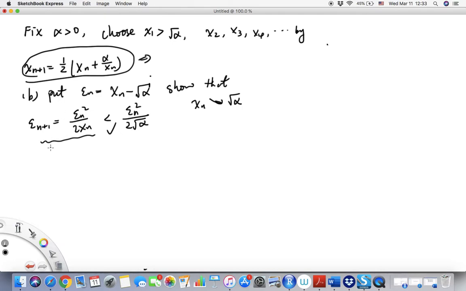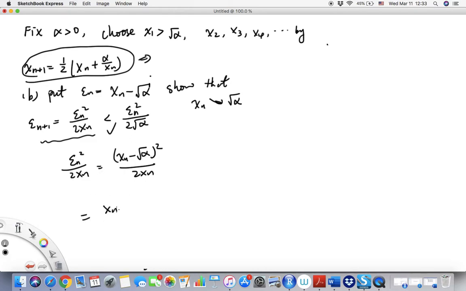Let's see, what is epsilon n squared over 2xn? So we use the definition of epsilon n, so that's xn minus square root of alpha, squared, over 2xn. Okay, then we expand the parentheses.